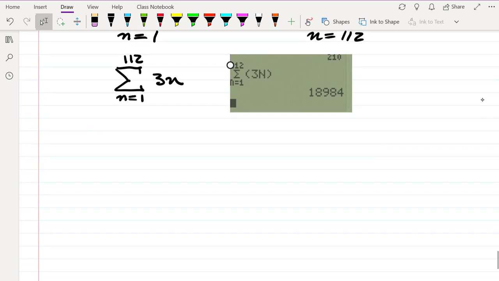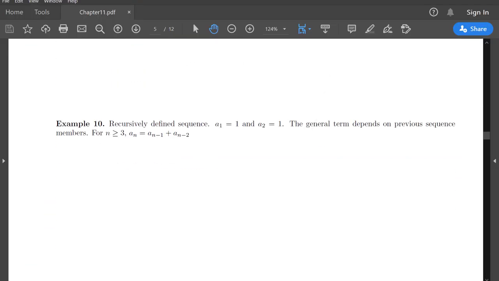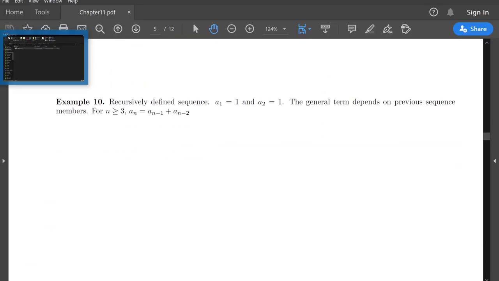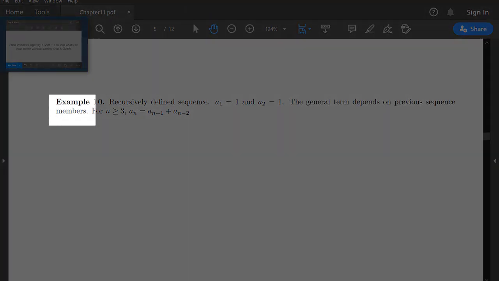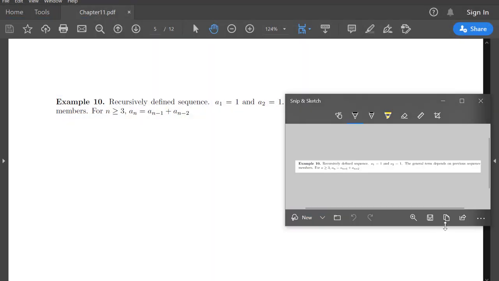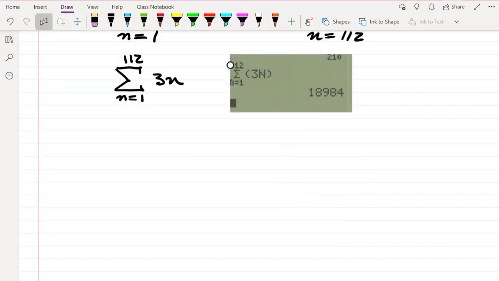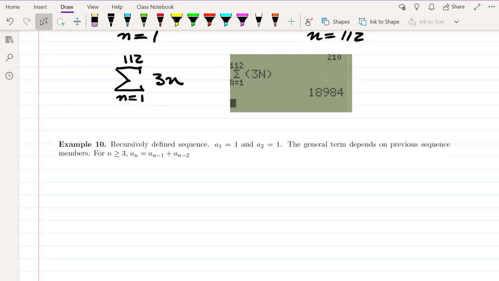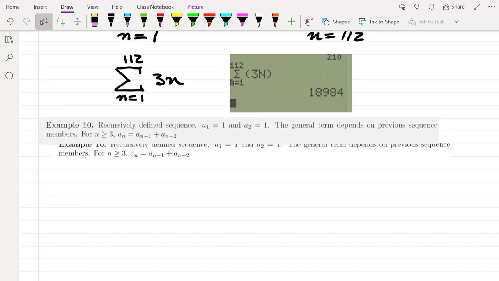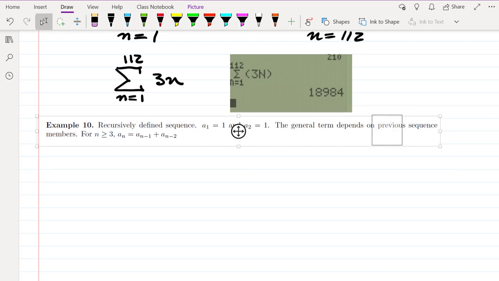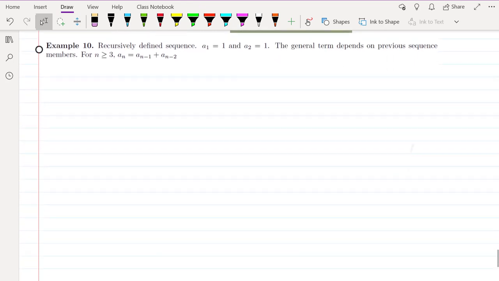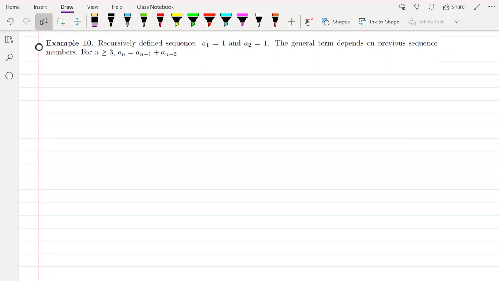All right, let's take a look at our last example. So we want to talk about a recursively defined sequence. A sequence is recursively defined when it is defined in terms of its previous sequence members. So in this example, we have our seeds, which are A1 and A2.